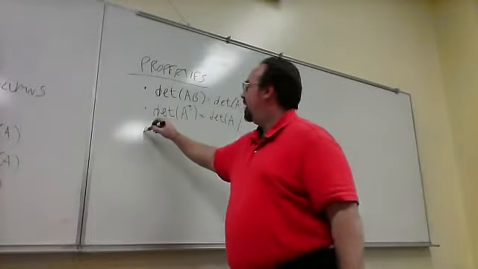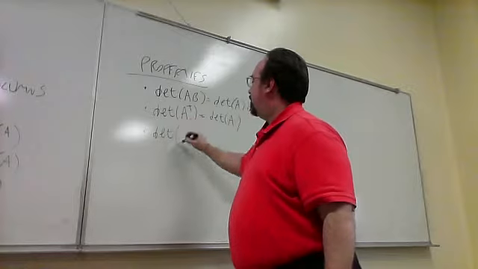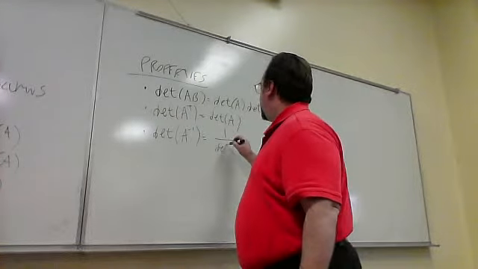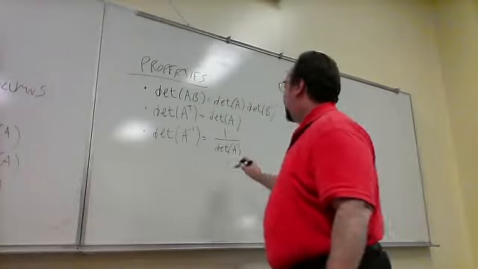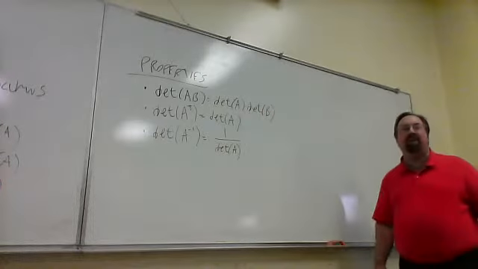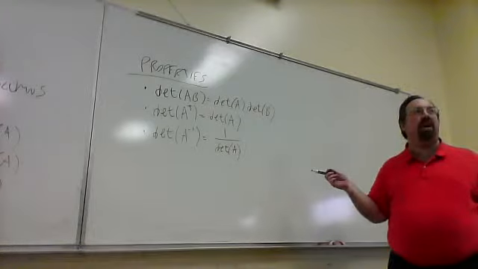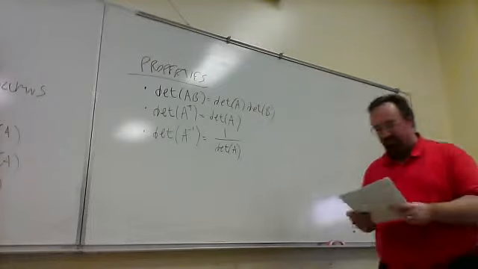Also, the determinant of the inverse is 1 over the determinant of A, which means that, of course, it better not be 0. So in fact, if the determinant of a matrix is 0, it doesn't even have an inverse.